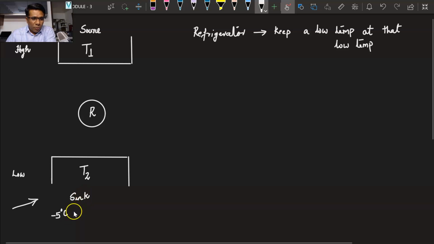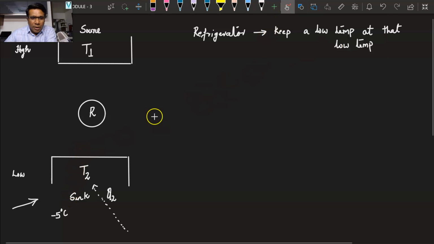And you know that whenever there is a low temperature, the heat from the high temperature will be trying to gain that particular space. For example, say Q2 amount of heat is leaking inside the space and trying to increase its temperature. So what does the refrigerator do?